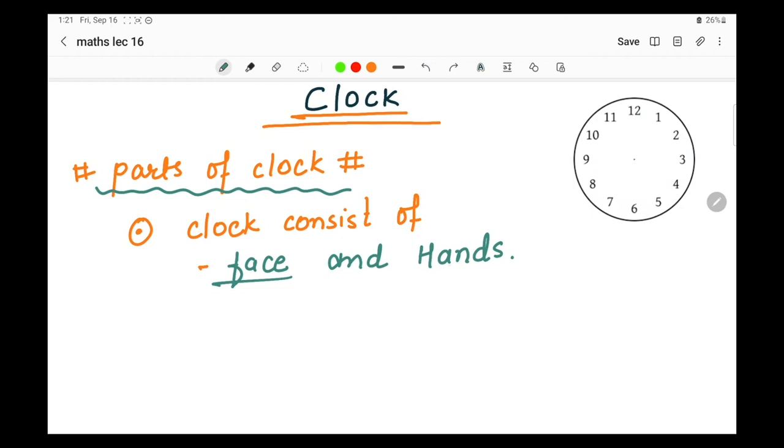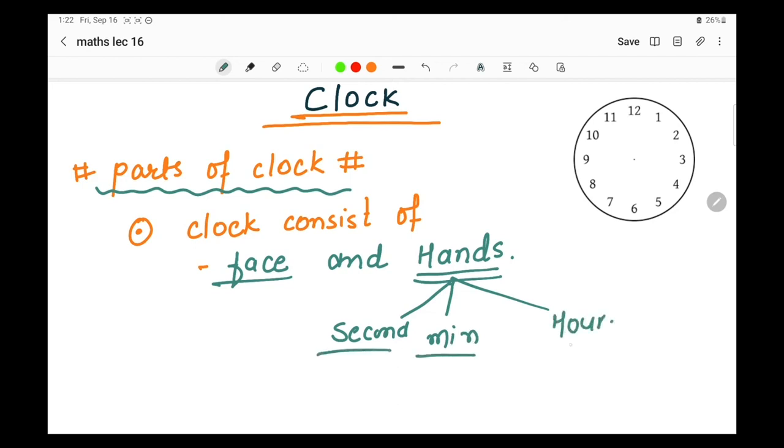Now, what are the hands of the clock? There are three basic hands of the clock: the second hand, the minute hand, and the hour hand. The hour hand denotes the hour.